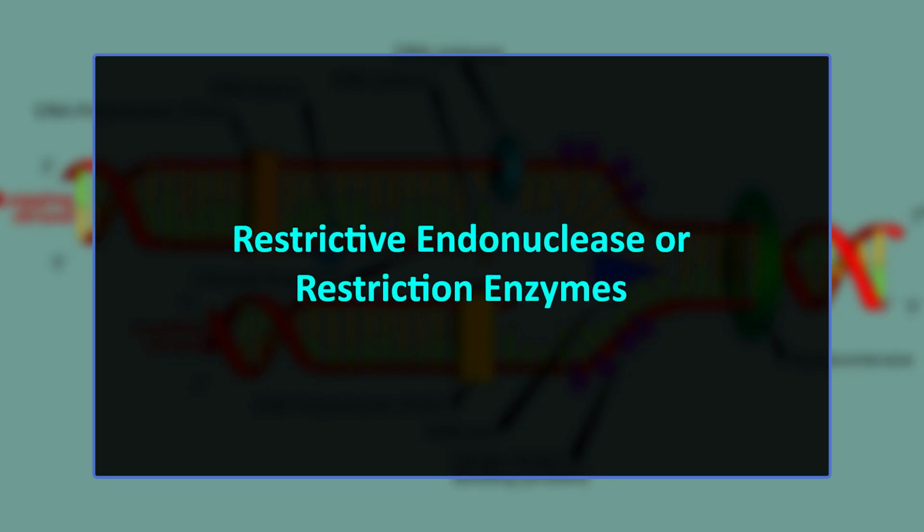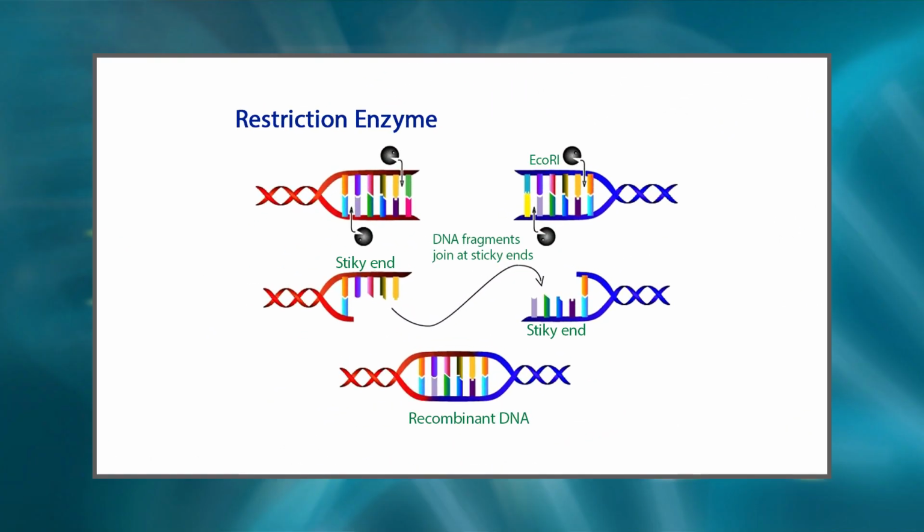Dear students, now let us discuss the restrictive endonucleases or restriction enzymes. These are the ones that cleave DNA into fragments at or near specific recognition sites within the molecule, known as restriction sites.